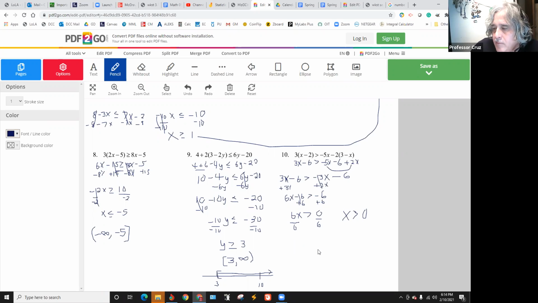So here's the interval notation. And then as far as the line is concerned, parentheses, and then this could be 100 for all we care.